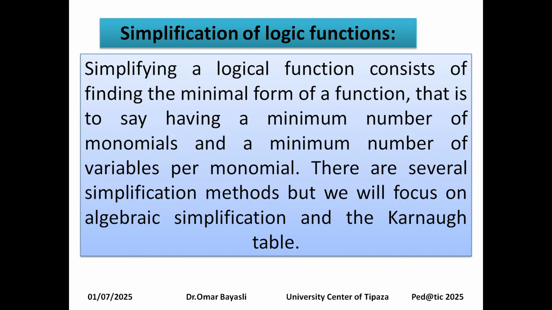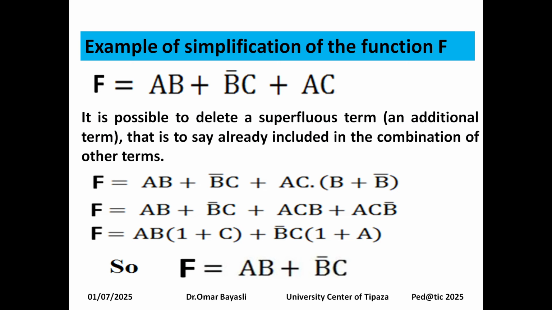There are several simplification methods, but we will focus on algebraic simplification and the Carnot table. The simplification of f equals ab plus b bar c plus ac gives the form f equals ab plus b bar c.